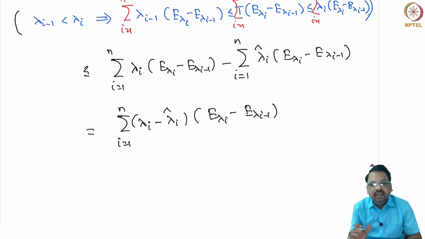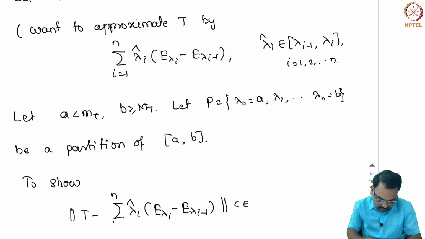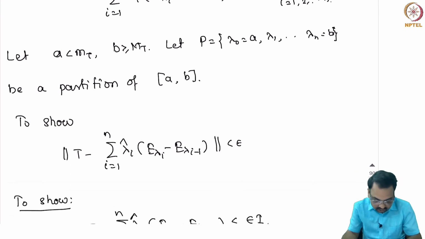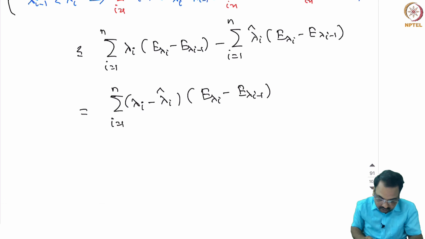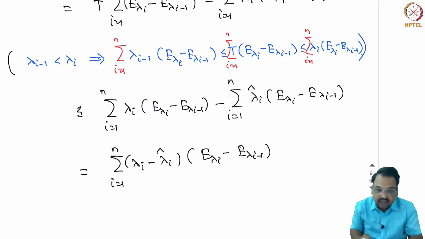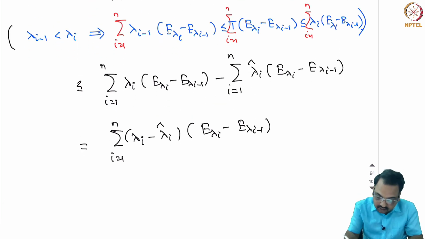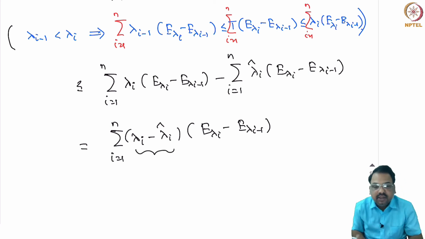Now given any epsilon positive, we want to find a delta bigger than 0 such that whenever the norm of P is less than delta, then the norm of T minus summation i equal to 1 to n lambda i hat E lambda i minus E lambda i minus 1 is less than epsilon. So that means we have to choose a delta, but on the whole we want to show this is less than epsilon times identity. But we know that if this is less than epsilon, then the remaining summation is the identity operator.